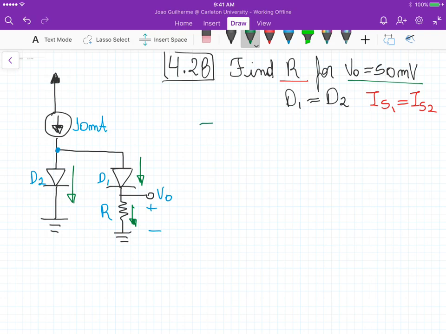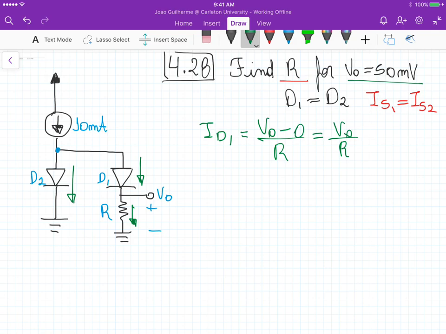So we can write that the current ID1 is equal to the current flowing through the resistor, which in our case is V0 minus 0 divided by R. So it's V0 divided by R. That's our first equation for the current flowing through diode 1.